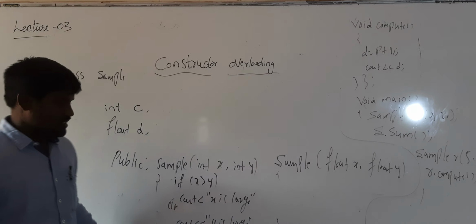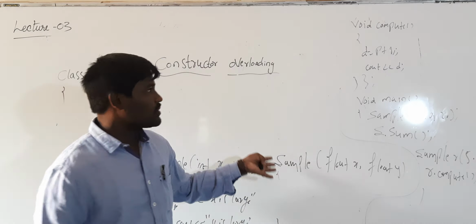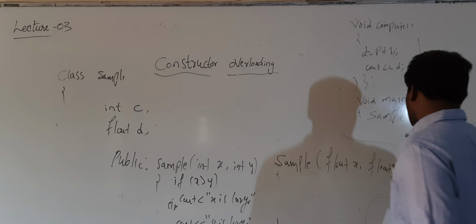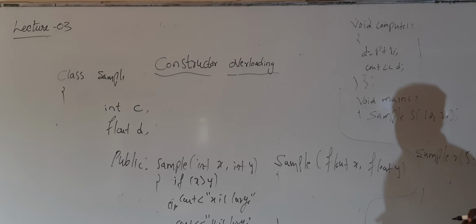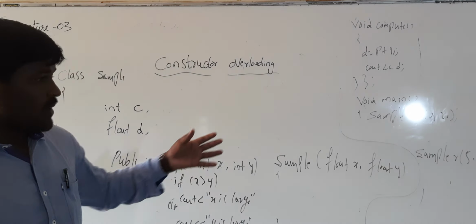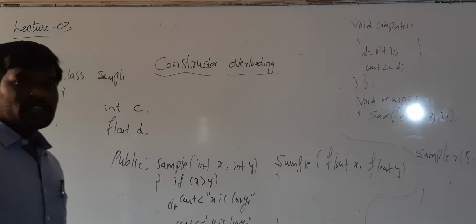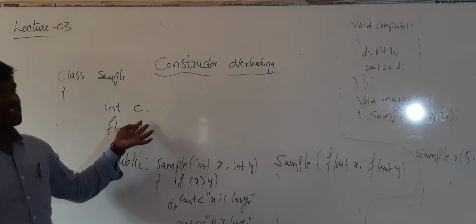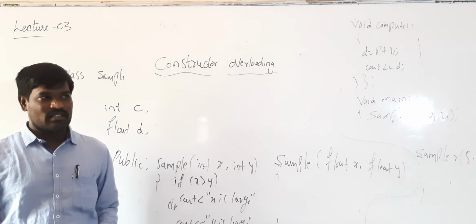So this is one constructor. In the same way, you have to write here, and don't write void compute or void sum. Simply you have to define 2 constructors, that is Sample s(10, 20) and Sample r(5.5, 3.5). Okay, so this is another example for constructor overloading. Okay, so you can write any examples.